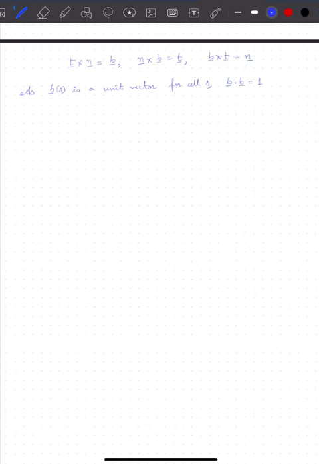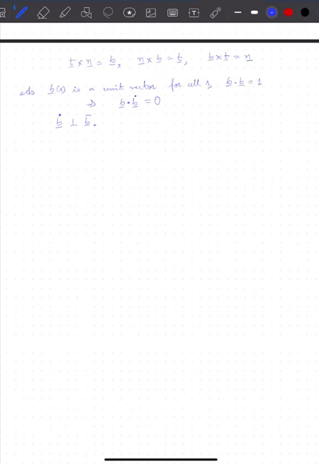Differentiating with respect to s, this implies that B dot is equal to 0. So which means that the B dot vector is perpendicular to the B vector. So this is what we are looking at.